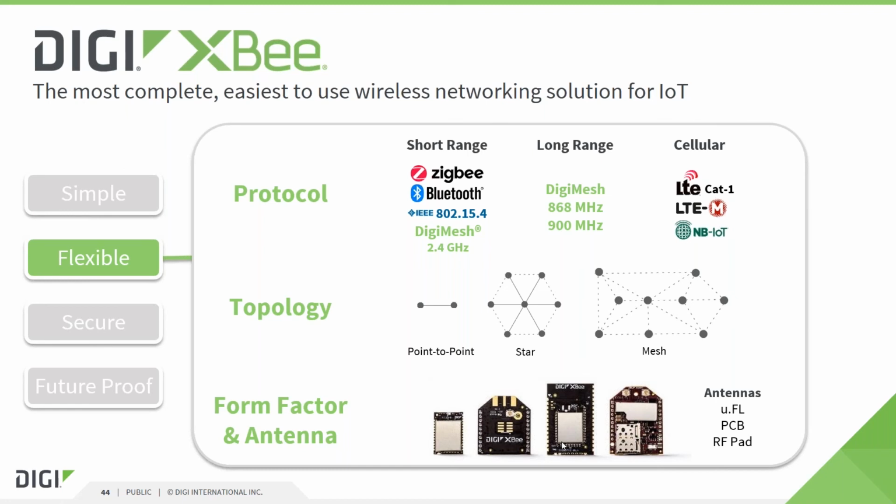The XBee Cellular is a variant of the through-hole form factor with additional UFL connector and a SIM card slot. All of these offer various antenna options, such as PCB or chip antennas, UFL, SMA, and RF PET connectors, depending on the hardware variant.